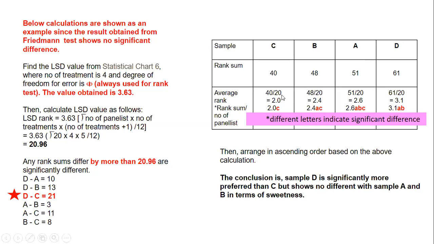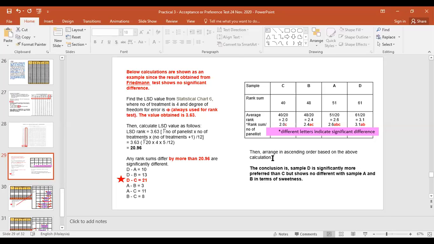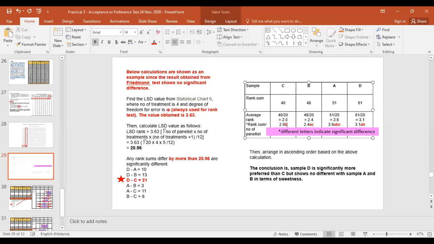So divided by the number of panelists, you will get the mean values over here: 2.4, 2.6, and 3.1. Okay. So, okay, wait, I need to adjust this one. So finally, this is B. This is AB. This is AB. And this is A.